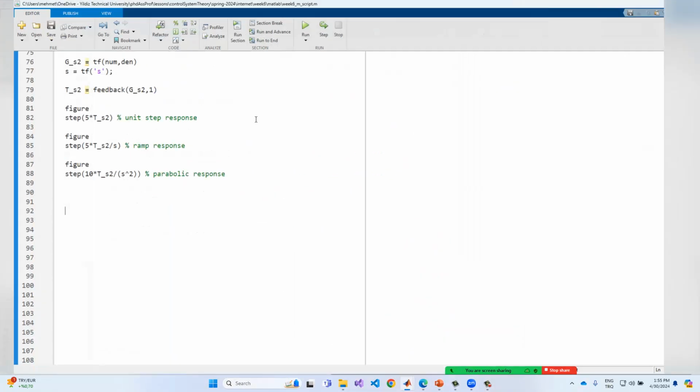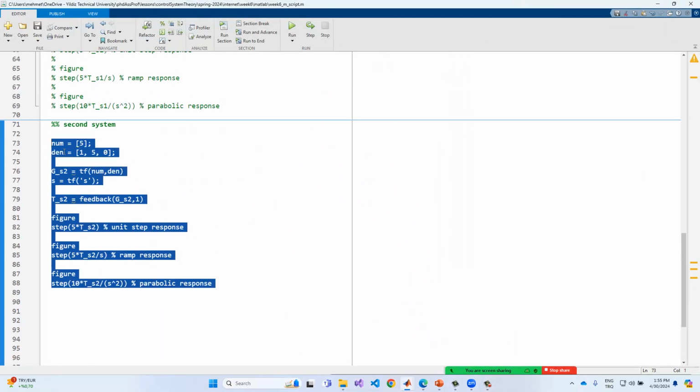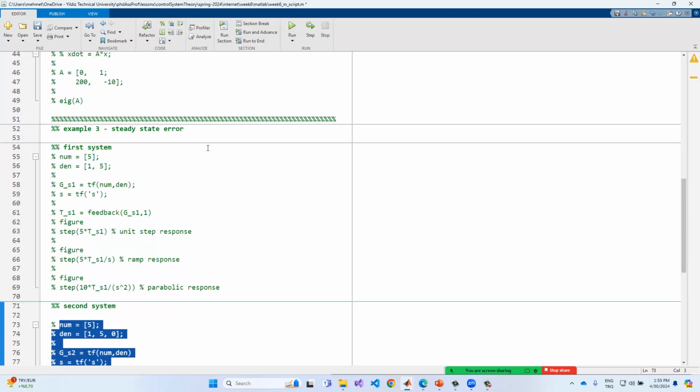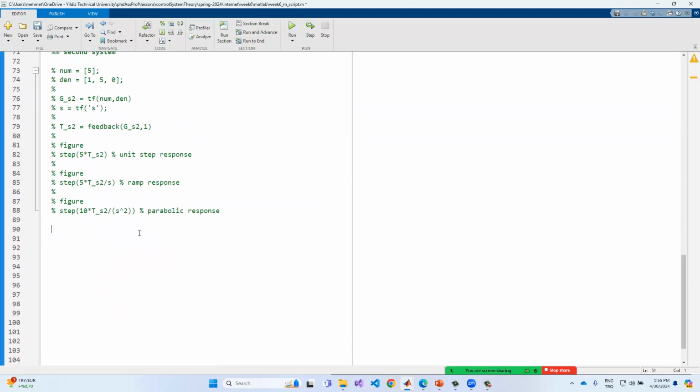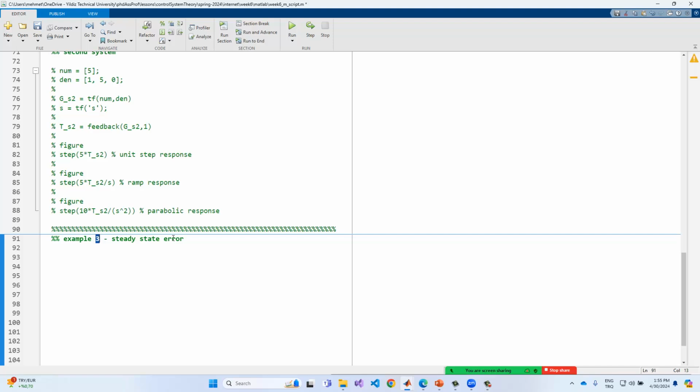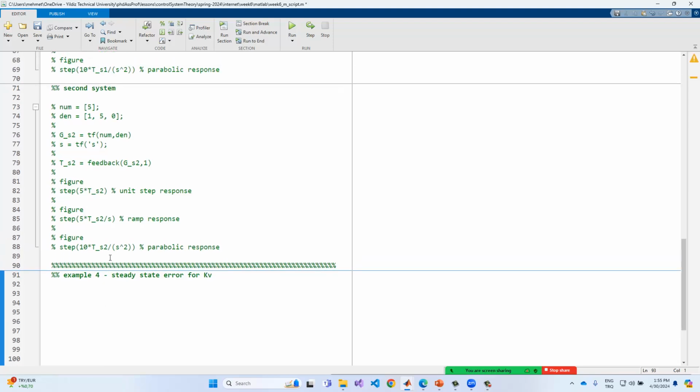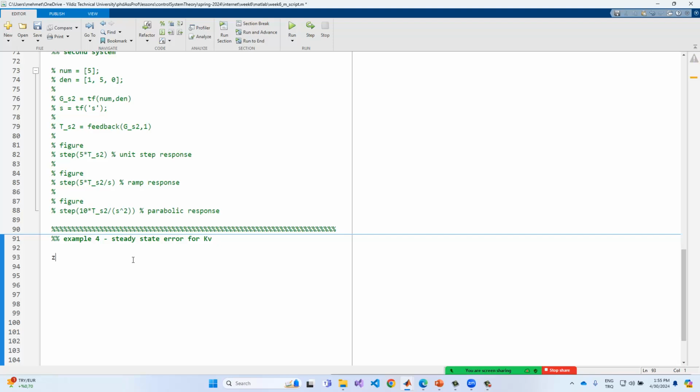Now, this is our case, okay? And so, example 4 can be written in here, just like this one. States error for KV, okay? And so, firstly, we need to define what our system with based on the zeros value.